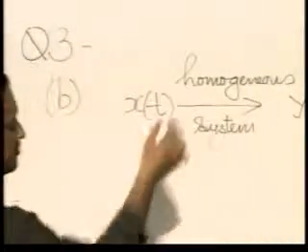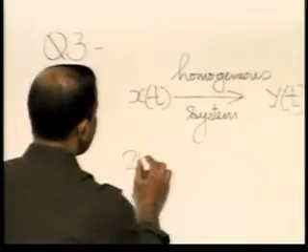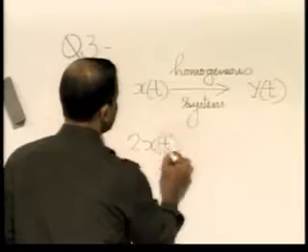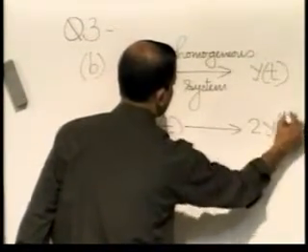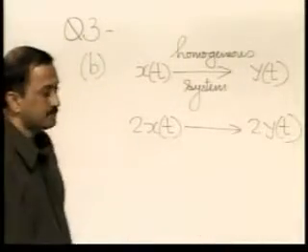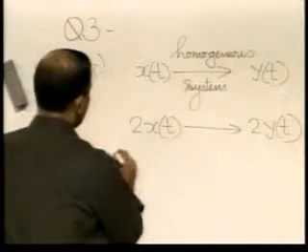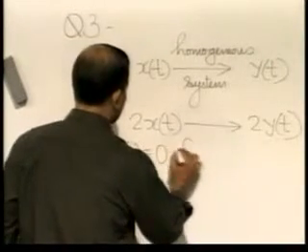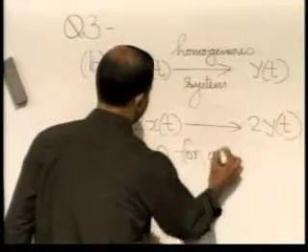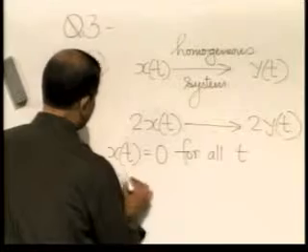Then because the system is homogeneous, I can write down 2 times x(t) produces 2 times y(t). And by an exactly similar argument, if x(t) is 0 for all t, then 2x(t) is equal to x(t).